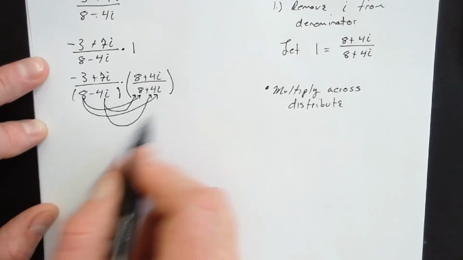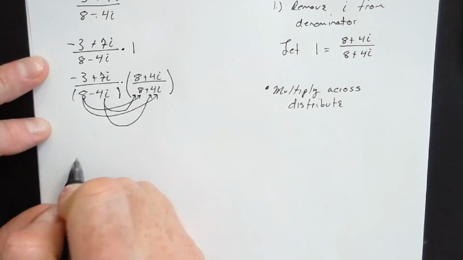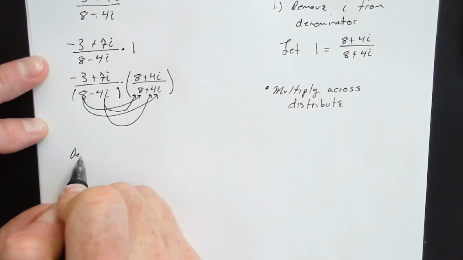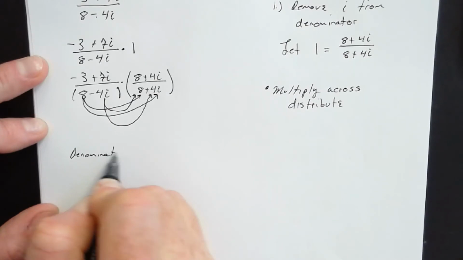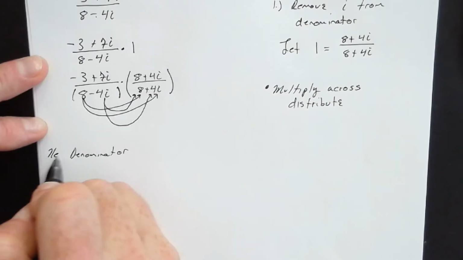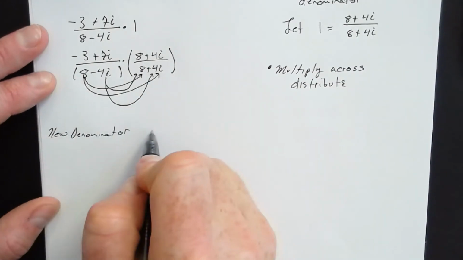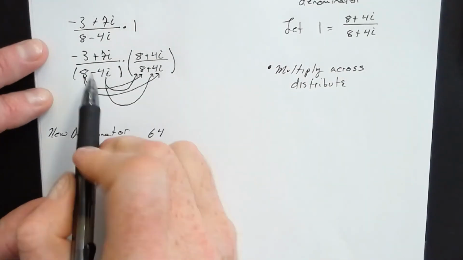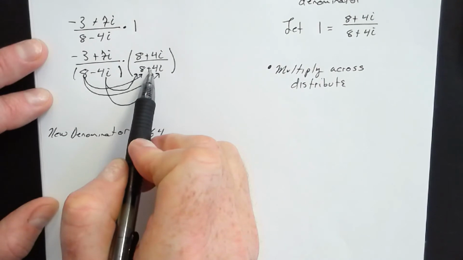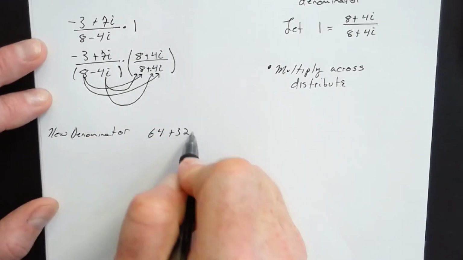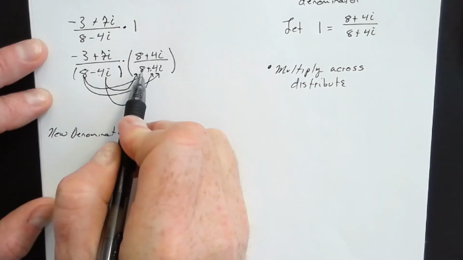So the new denominator is going to be 8 times 8, which is 64, plus 32i minus 32i.